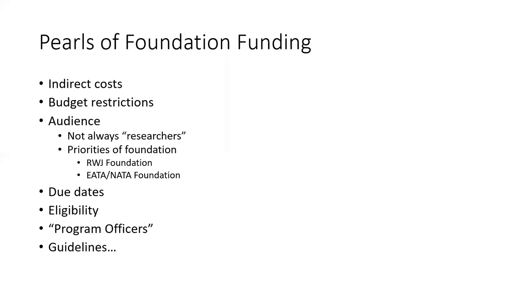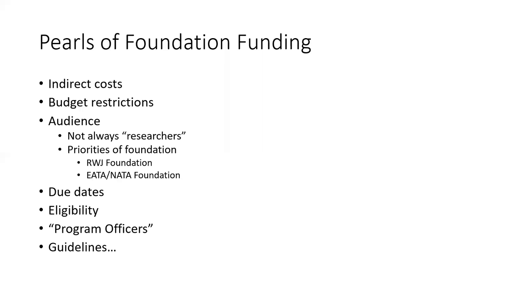For the EATA and ATA Foundation, both of those, I can tell you that the grant review requires how the grant specifically addresses the athletic training profession. So be very deliberate in how you have that language. The other thing with the foundation funding is they vary with due dates, and sometimes they are not consistent across years for the due date.